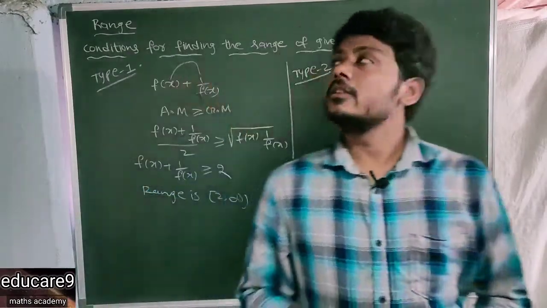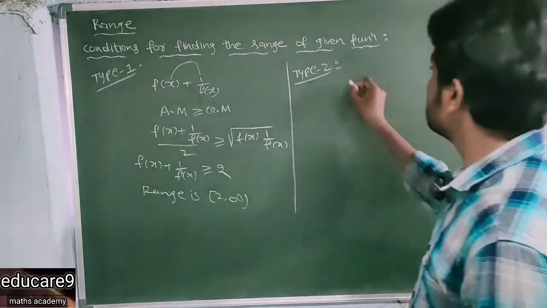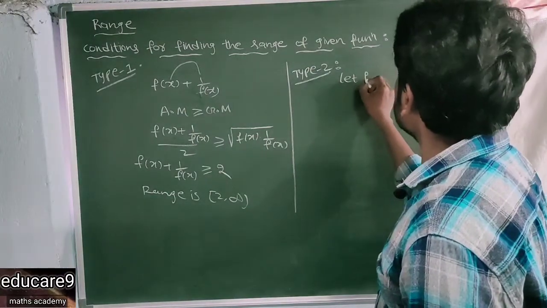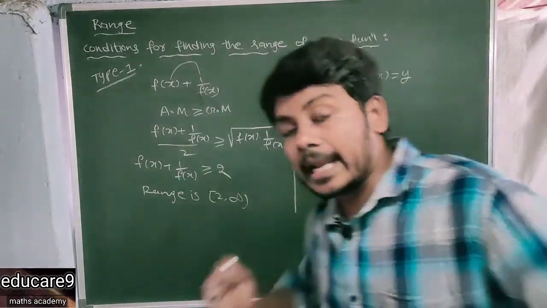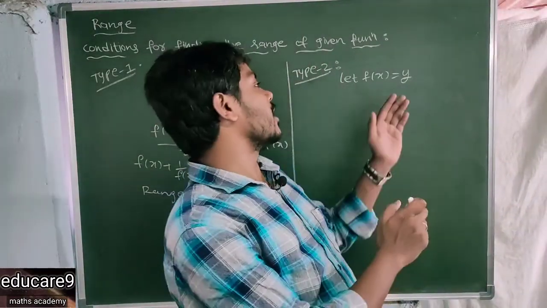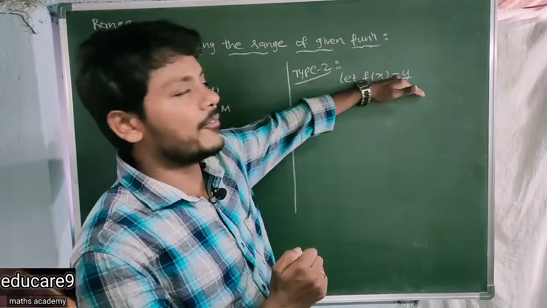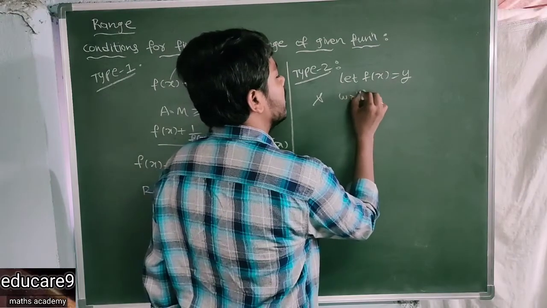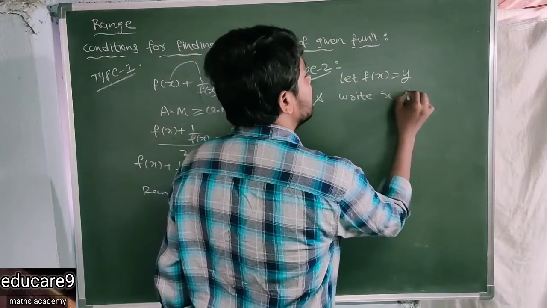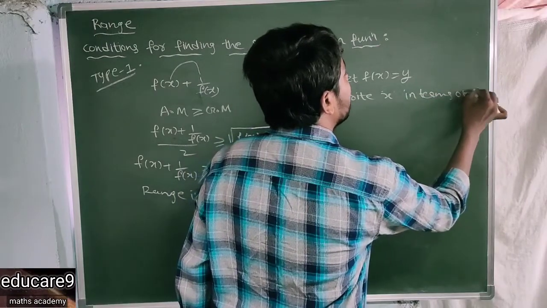For this type, let the given function be equal to y. So let f of x is equal to y and write the x value in terms of y. First we have to write f of x is y and write x in terms of y.